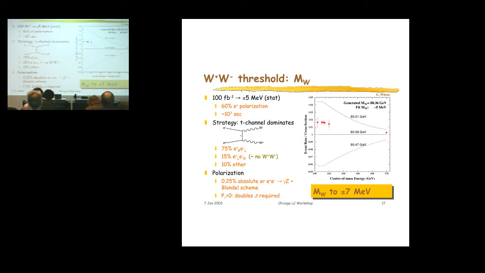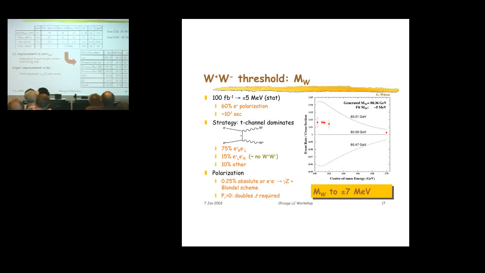So if all is said and done, it appears that if you can control the beam-related uncertainties, that you could get down to about a 7 MeV uncertainty in the W mass. But you'd really want to make sure that you can indeed control the energy uncertainties there before you devote about 10 to the 7 seconds in this region.